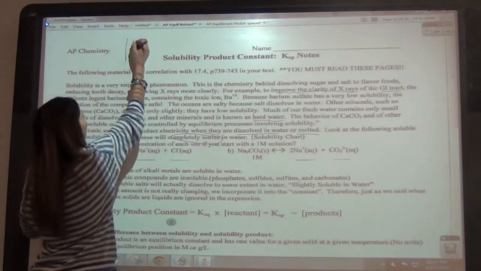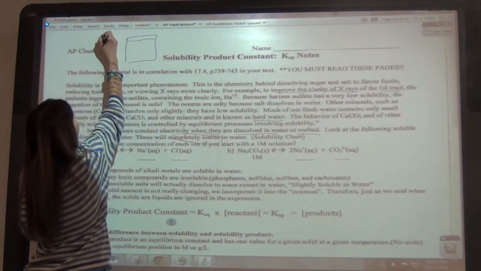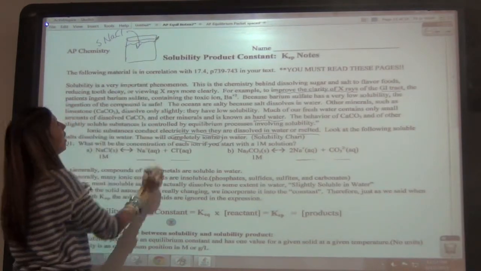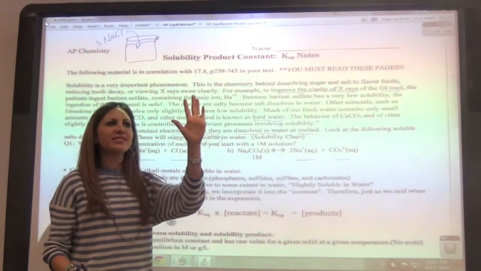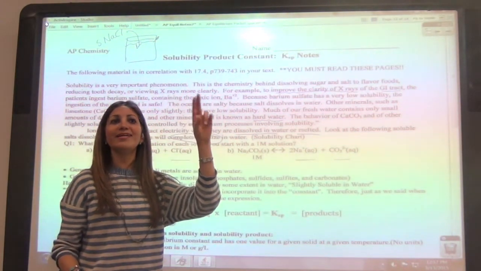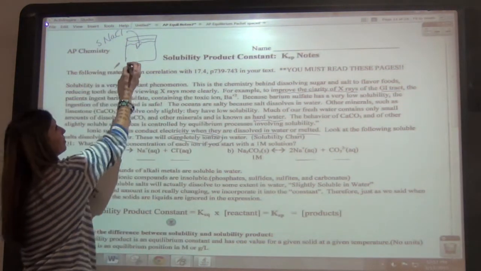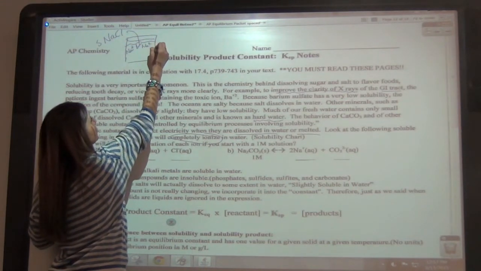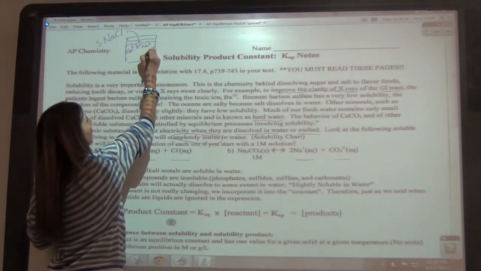So if I take NaCl, and let's say that I take 5 NaCls and I drop them into water, and I know that these 5 NaCls are going to all break up into Na plus and Cl minus. How many Na pluses will I have in here? 5. 1, 2, 3, 4, and 5.